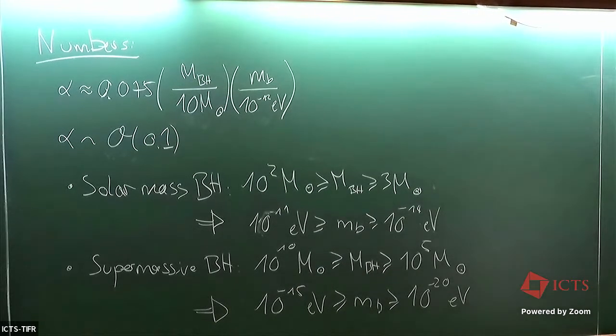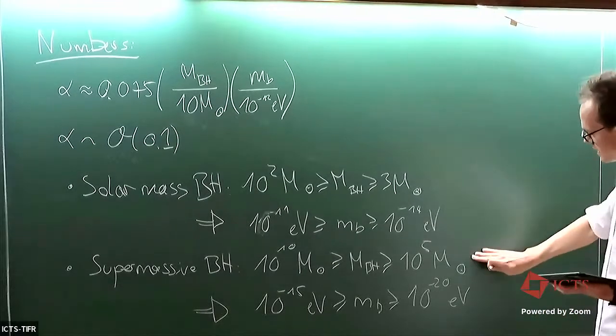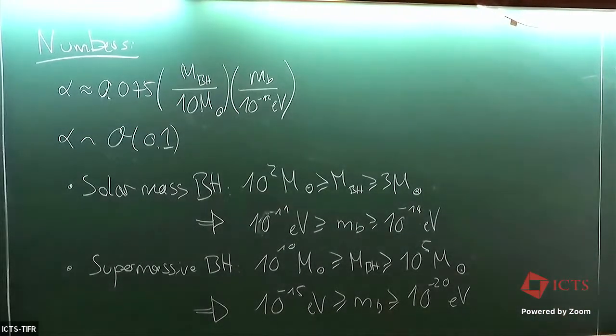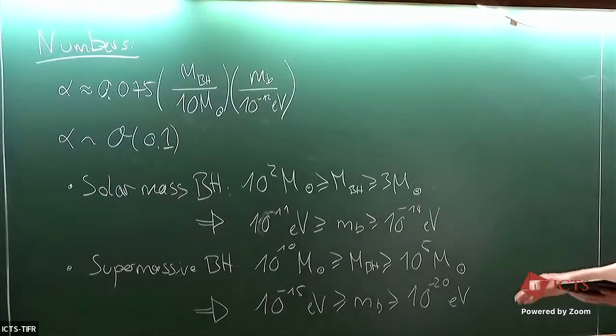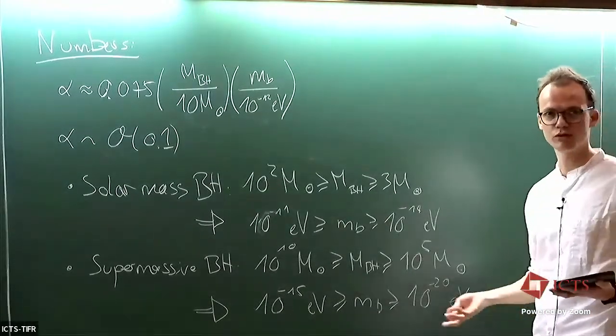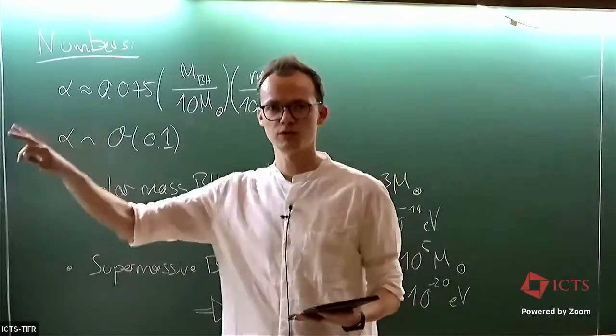So basically the black hole population that we believe exists in the universe dictates which boson masses we will be able to probe through the superradiance mechanism.